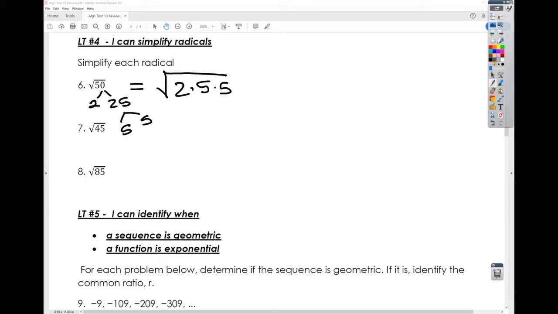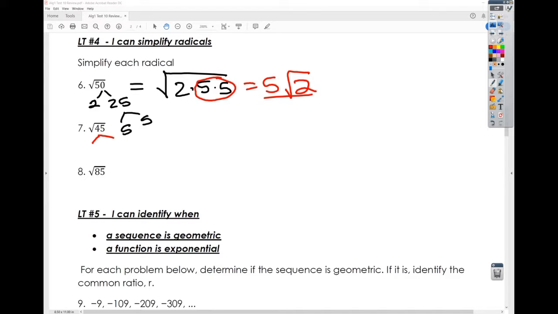Now, for every pair that are the same, I can pull 1 out from the square root. So those two 5s mean that I can pull one 5 out of the square root, and then I would only have the 2 left. And that would be the simplified answer there.